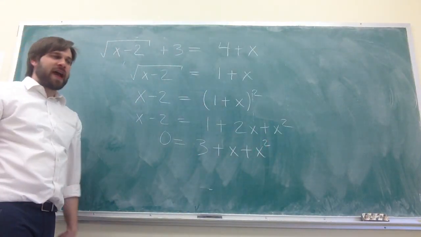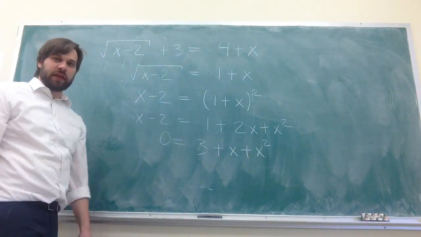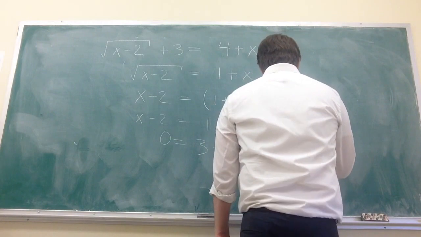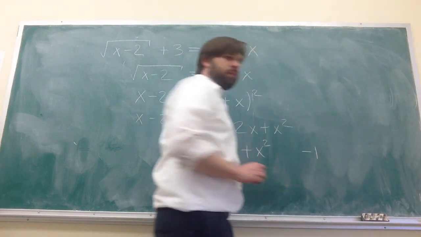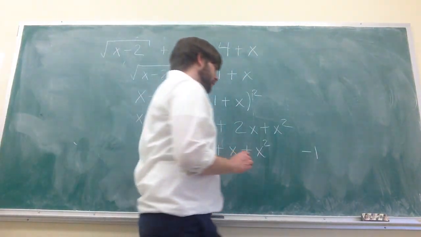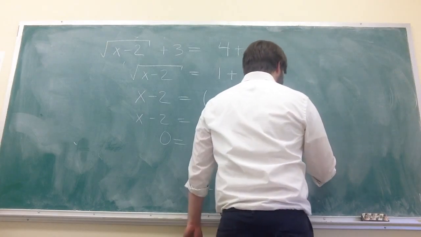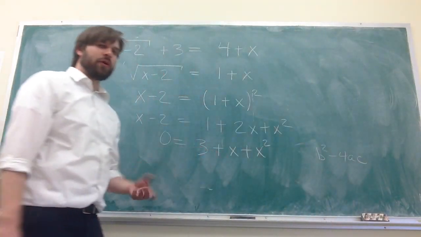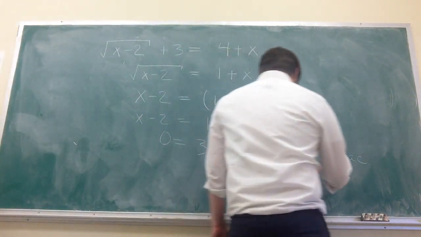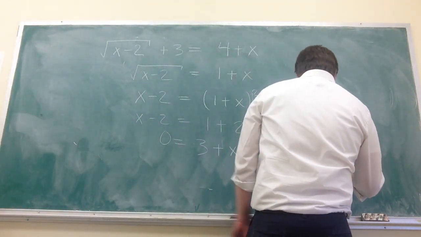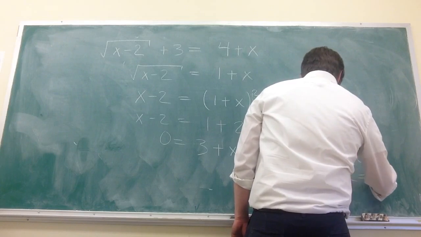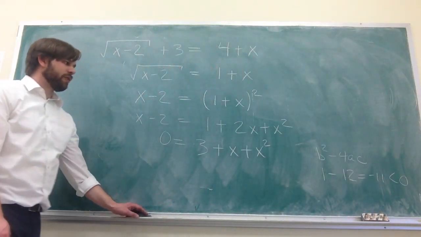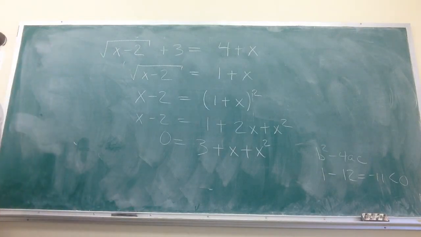We could try to factor this, or hit it with the quadratic formula, but if we check the discriminant, b squared minus 4ac, we see that this is 1 minus 12, which is negative 11, which is less than 0. So this is going to have no solution.